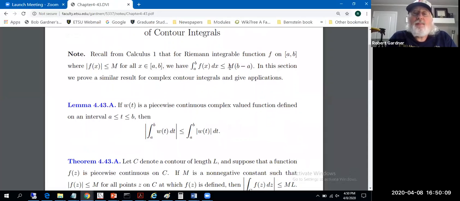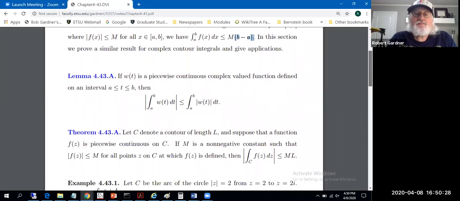So you want to think bound on the absolute value, modulus for us, of the function, and b minus a, that's the length of the interval over which you're integrating in the real setting. We integrate over contours, so lengths of contours will play roles for us.